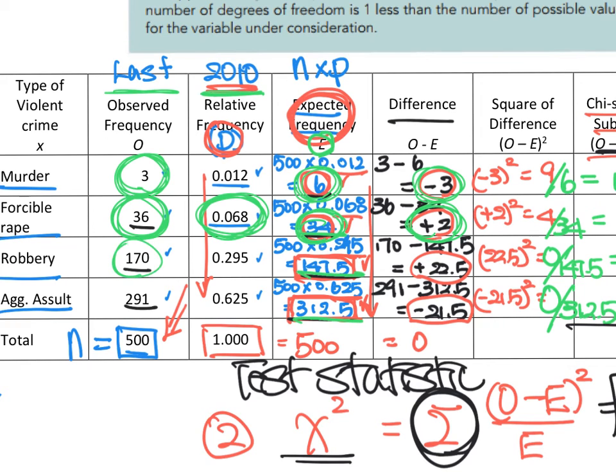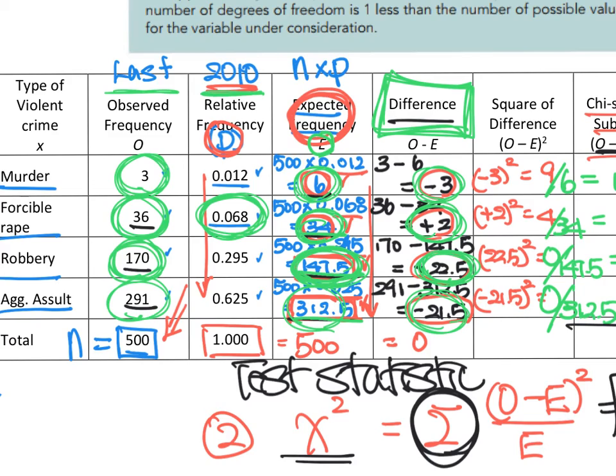We observed last year 170, but we expected 147.5, and the difference is 22, and for the next one the difference is 21. So finally we did not reject the null hypothesis, and we concluded there is no change because the difference is statistically very small.